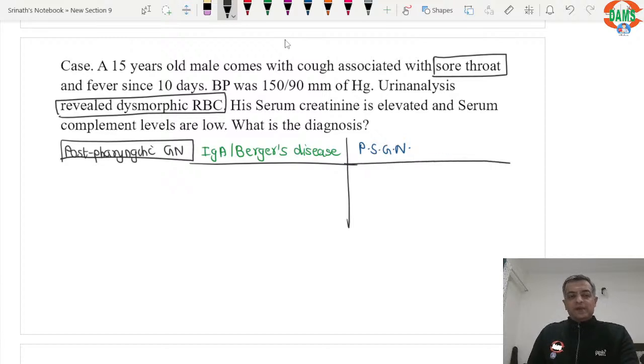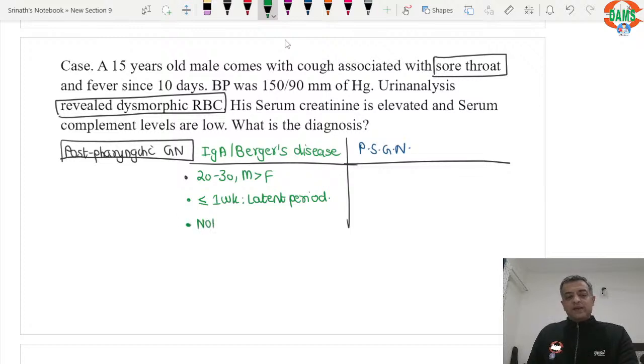IgA nephropathy typically affects young males. In this patient, the latent period is less than 1 week, so from the time of sore throat to hematuria, the gap is less than 1 week.